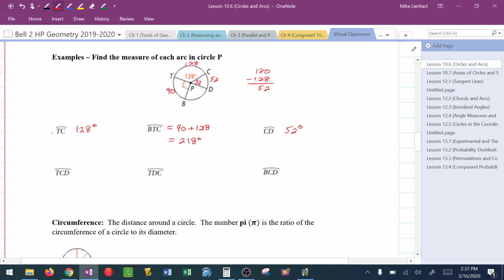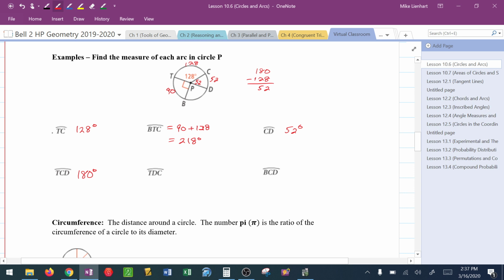All right, couple more here. TCD. Now notice they give me a middle letter there, so they're giving me direction. I notice that T and D are the endpoints of a diameter. So that tells me that arc TCD around the rim is a semicircle. All semicircles are 180 degrees. How about TDC?